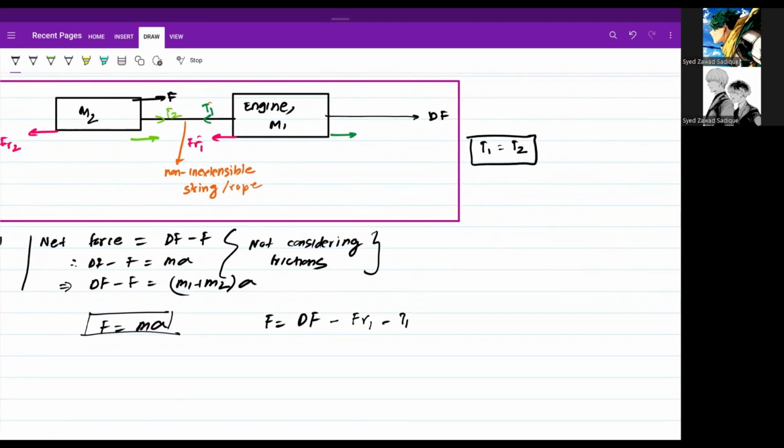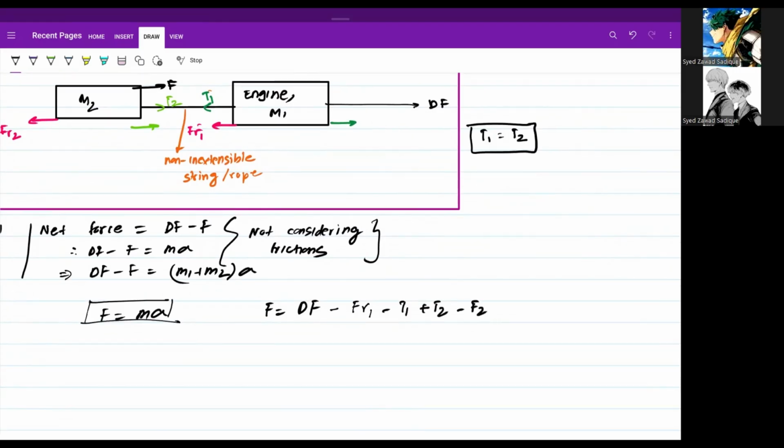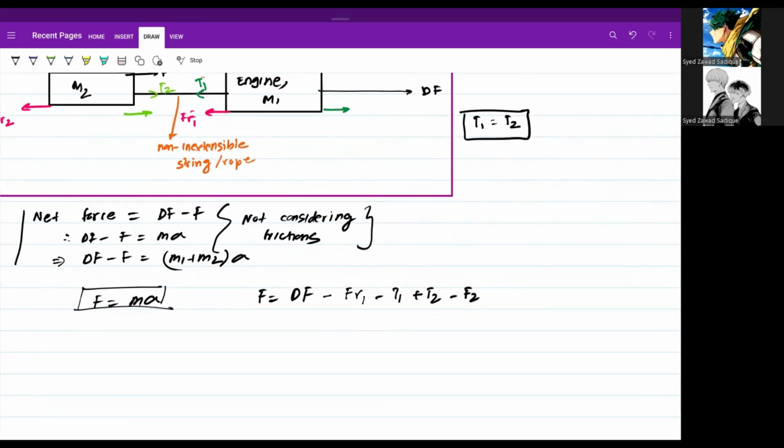Because these two are going backwards, again plus T2, it's going to the right, minus FR2.